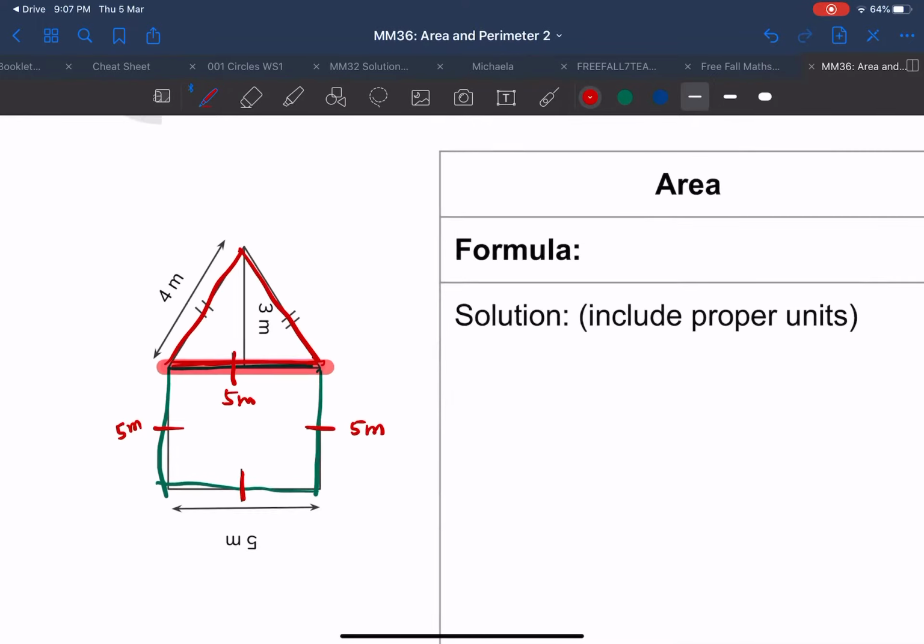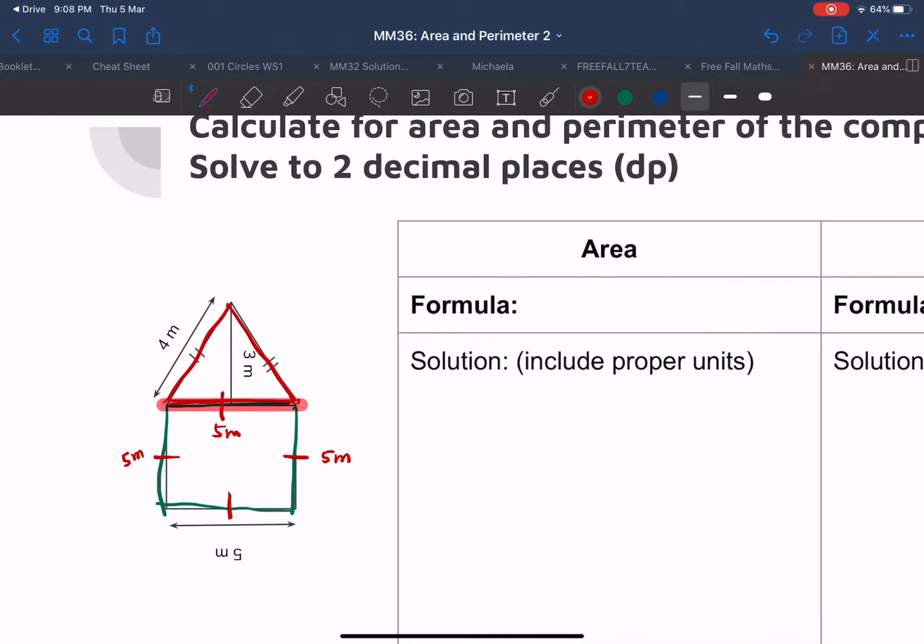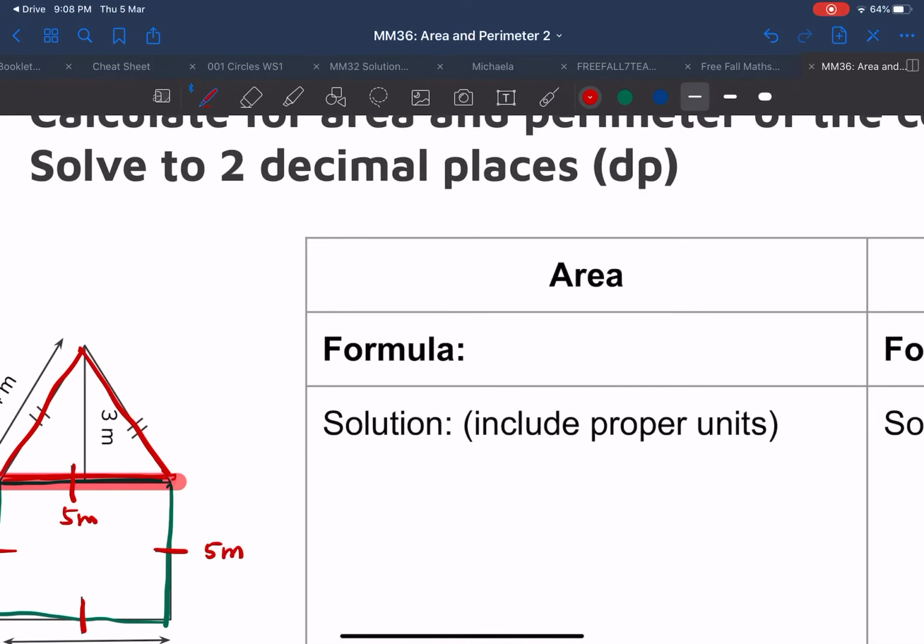So let's put our formula together. Since it's made up of two shapes, a triangle and a square, put together, that's why it's called a compound shape, okay? What we need to do now is add.